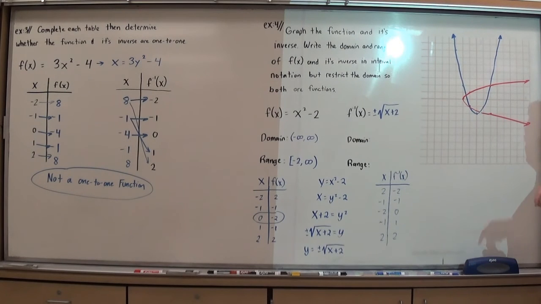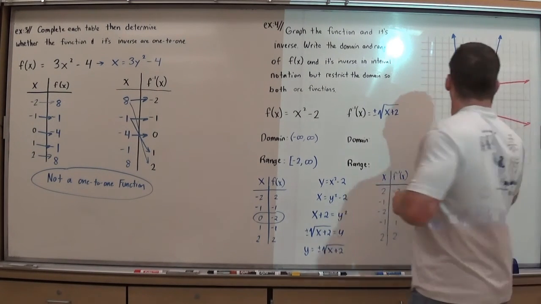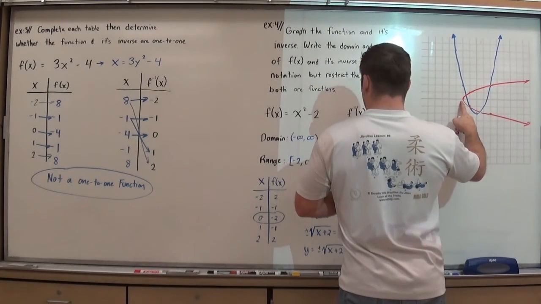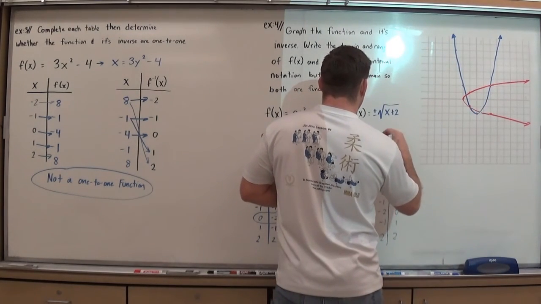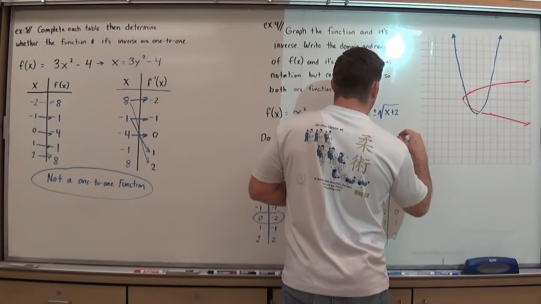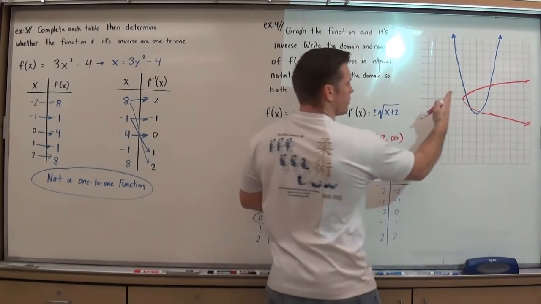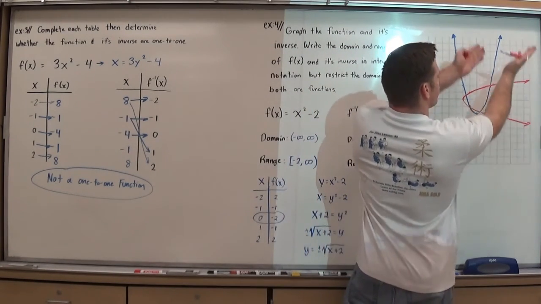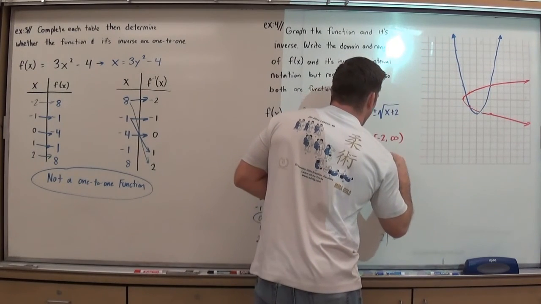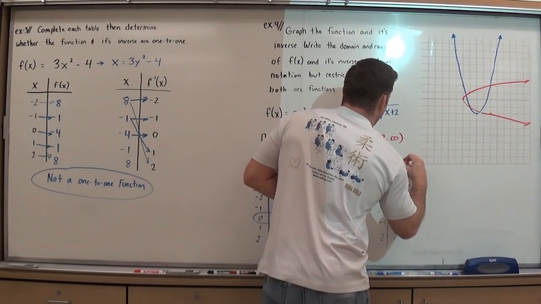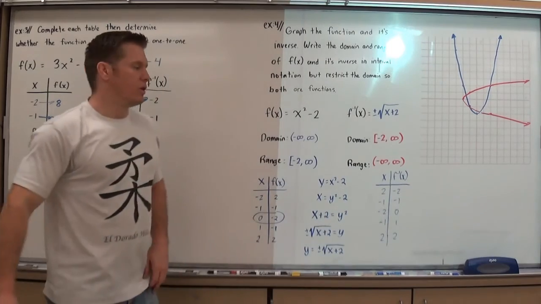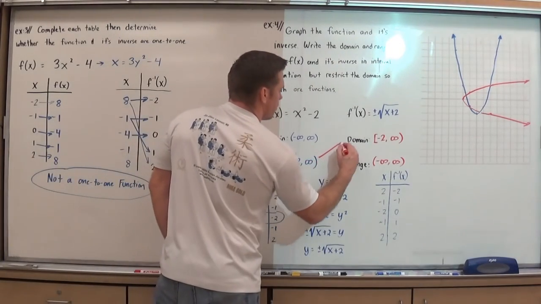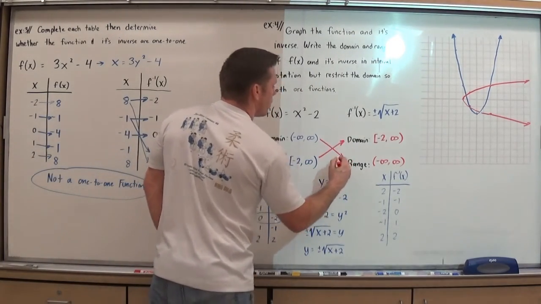Now, what would the domain and range be if I kept the full function? Well, the domain is now -2 to infinity. Because it goes from -2 to infinity, and the range is -infinity to +infinity.